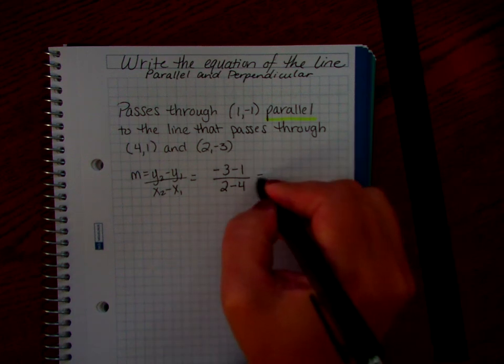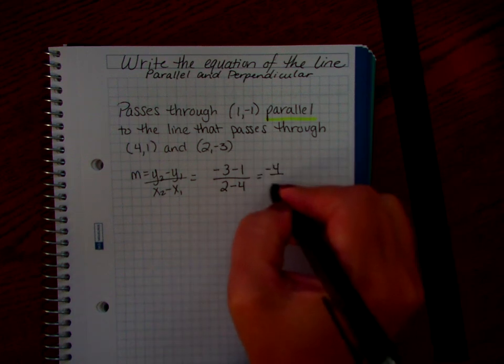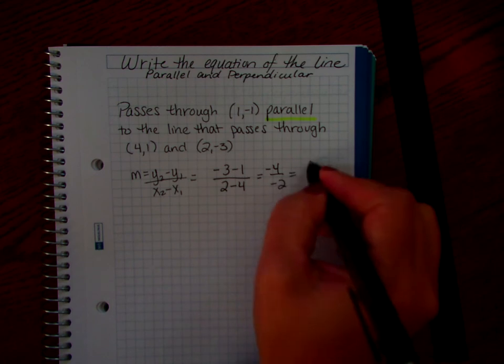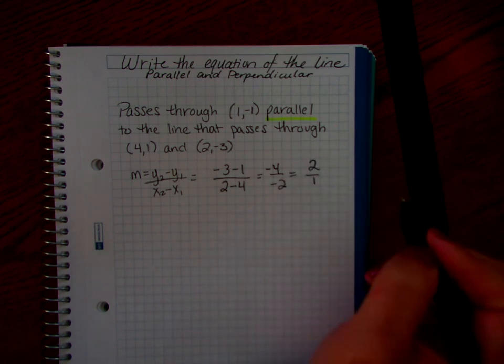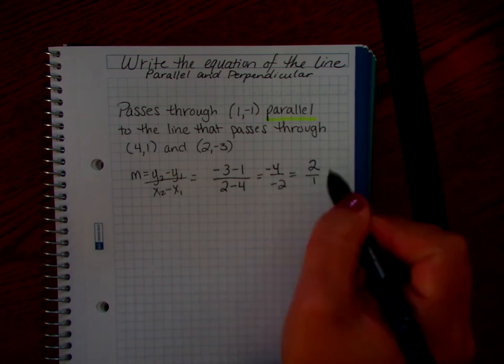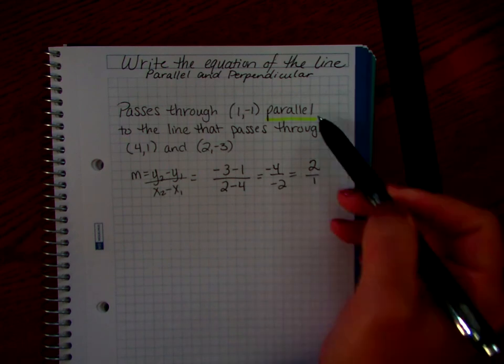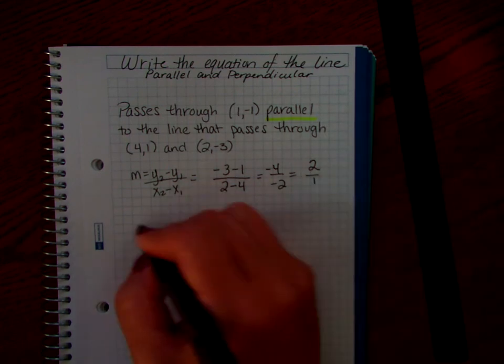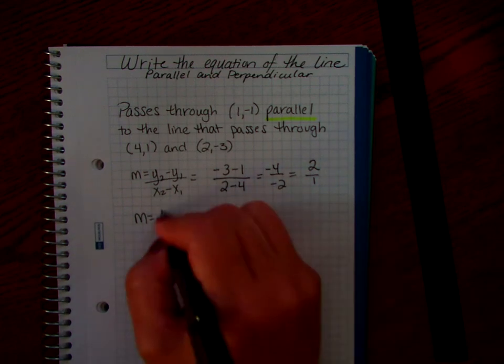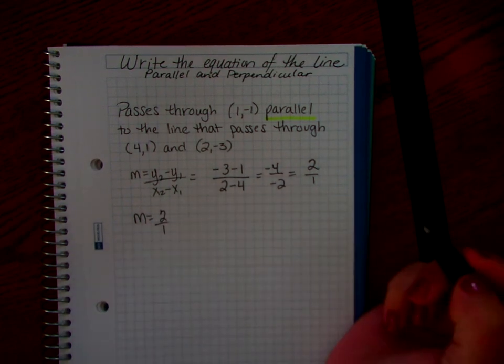Okay, that's going to give you -4 over -2, which is really just 2/1. So now I know the slope of that line. If the slope of that line is 2/1, and my line is parallel, I know my slope is also 2/1.